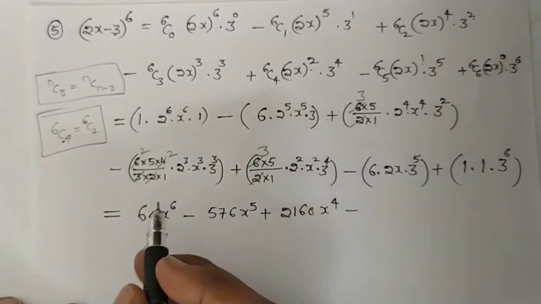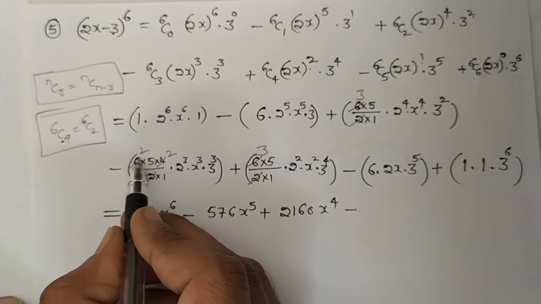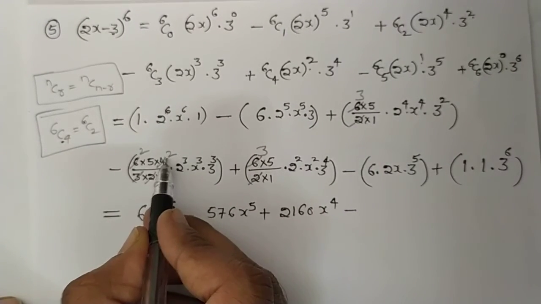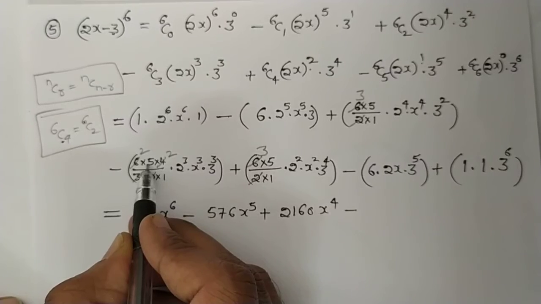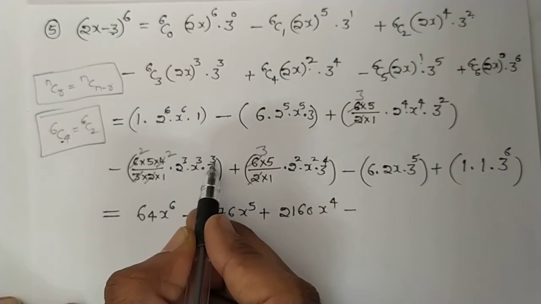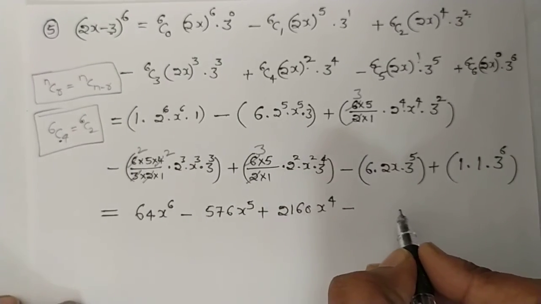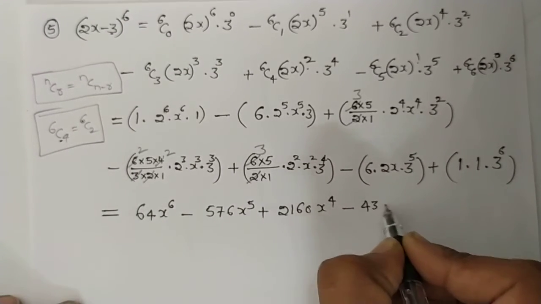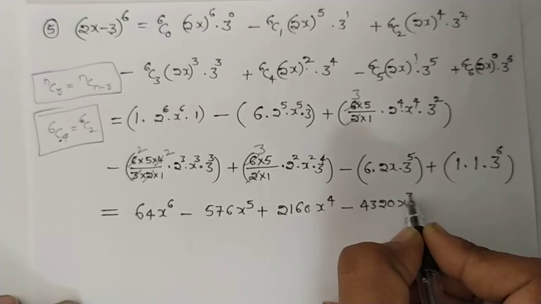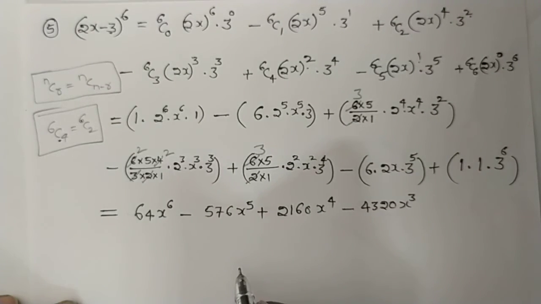Next minus, 2 into 2 is 4, 4 into 5 is 20, 20 into 2 cube into 3 cube is 4320 x cube.